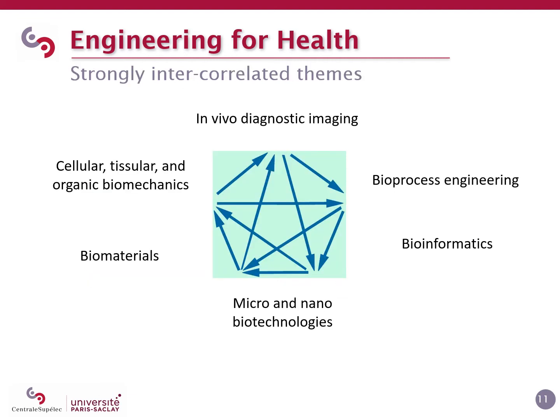In fact, engineering for health is organized around strongly intercorrelated themes such as in vivo diagnostic imaging, bioprocess engineering, computer science, micro and nanobiotechnologies, biomaterials, and cellular, tissular, and organic biomechanics. I will say a few words on each of these themes.